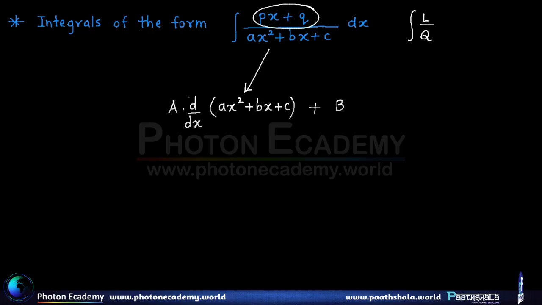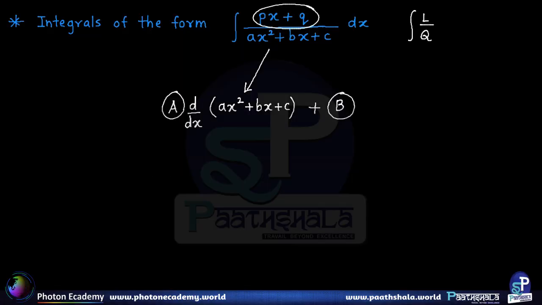So here the uppercase A and uppercase B are the two unknown constants that we have to determine so that the numerator can be written in this particular format.